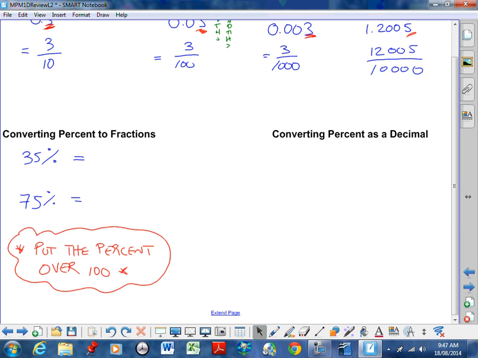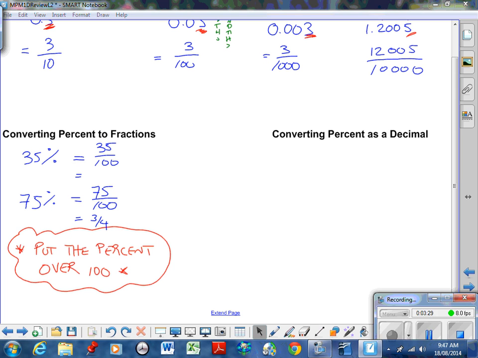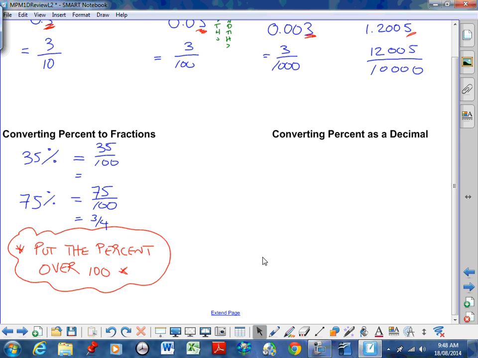So this would be 35 out of 100, and this would be 75 out of 100 as well. And yes, they do reduce, so you can go ahead and do that if you want. It's a good habit to get into. One comes 3/4, and the other 7/20.